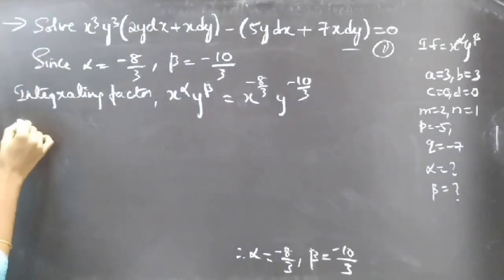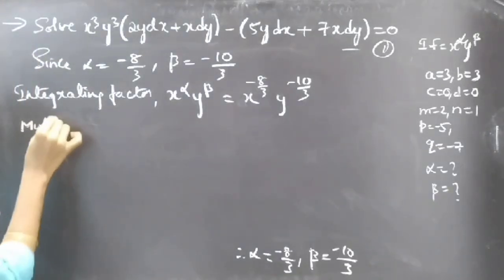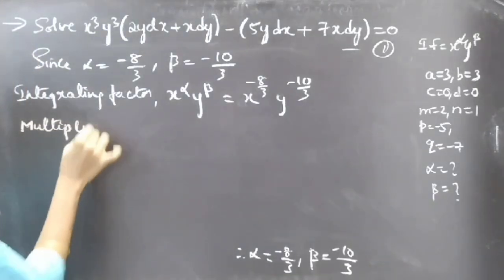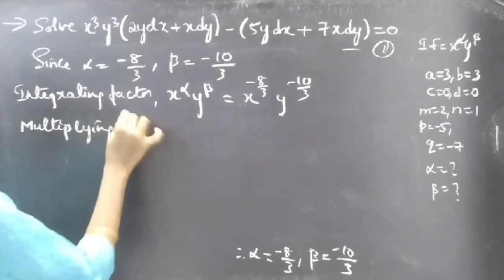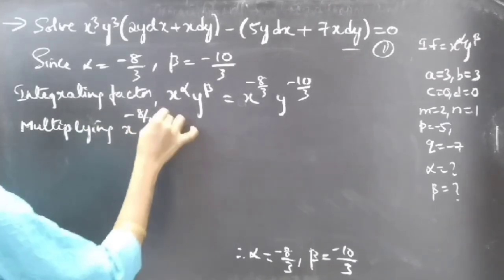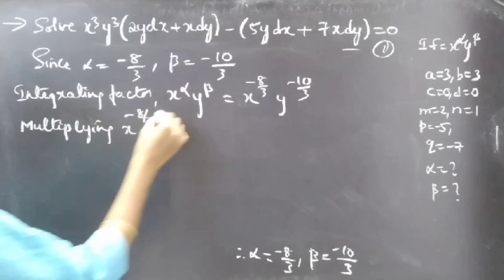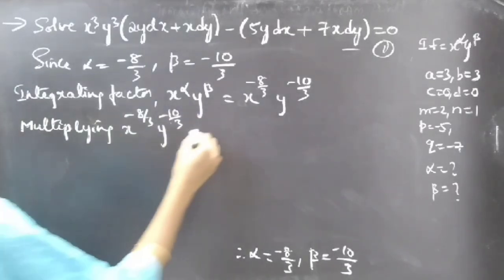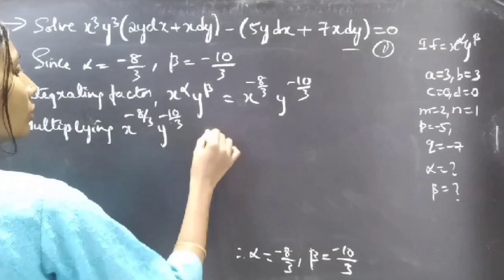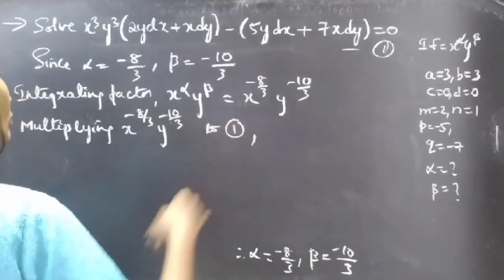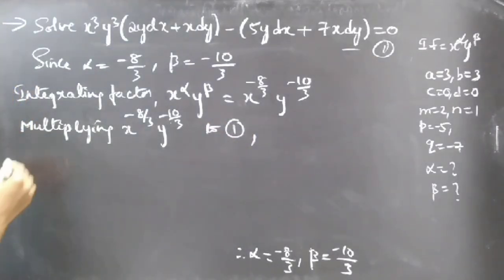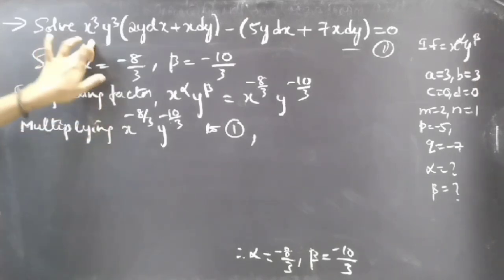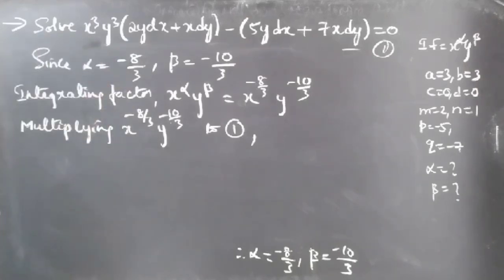Now multiplying x power minus 8 by 3 into y power minus 10 by 3 to the equation. Since it is an integrating factor, by multiplying it to the equation, it reduces to an exact equation.